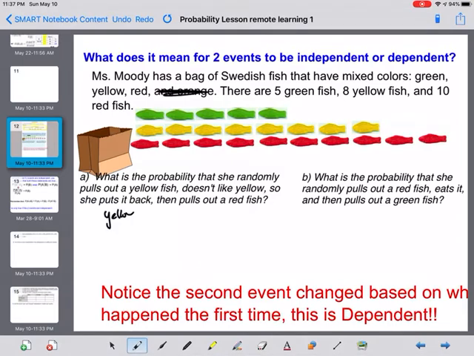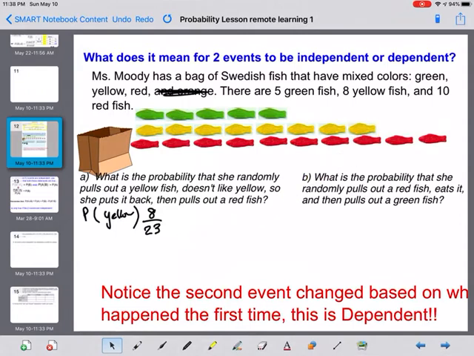First we have to see how many yellow there are, and there's 8 yellow. Then we have to say how many total fish there are. So we count all the fish, and there's 23. So that's the probability that she would get a yellow fish on her first pick.